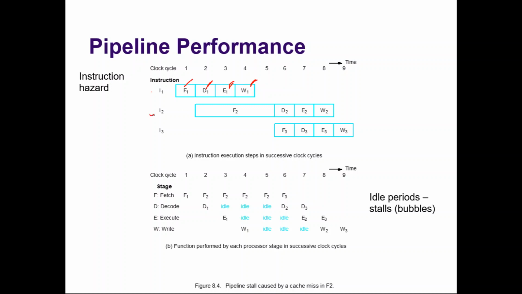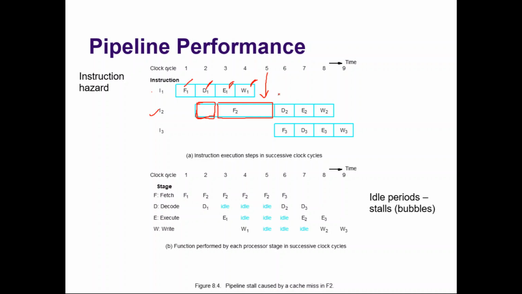Now coming to instruction 2, it is supposed to finish fetching by the second clock cycle. But what happens? That instruction is not available in the cache, so there is a cache miss. So it should be fetched from the main memory. For fetching from the main memory, it took another 3 clock cycles, so totally it took 4 clock cycles. So fetching is now completed only at the 5th clock cycle.